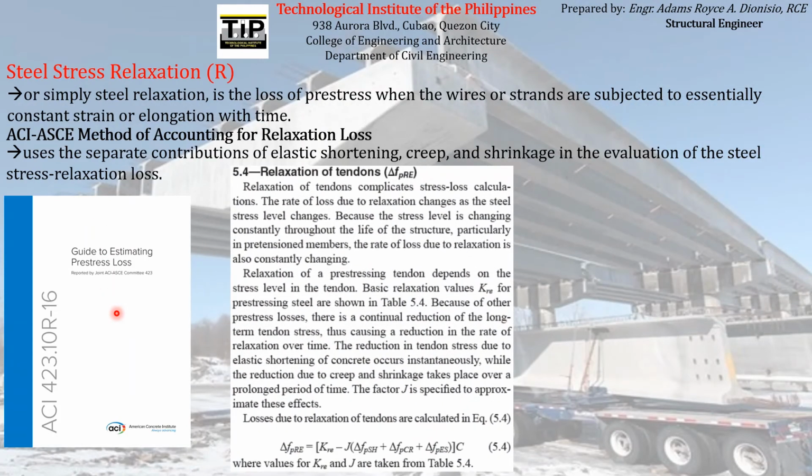The particular provision for computation of steel stress relaxation can be found in section 5.4 of ACI 423.10, which is this, the relaxation of tendons. So the formula is actually this. That is how you can find the pre-stress loss due to steel stress relaxation according to the ACI-ASCE method.